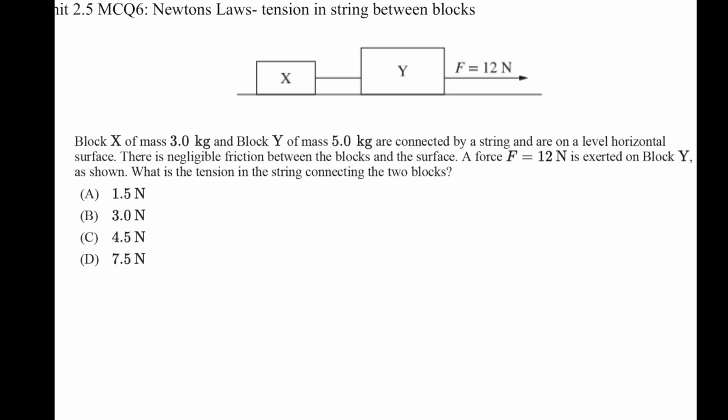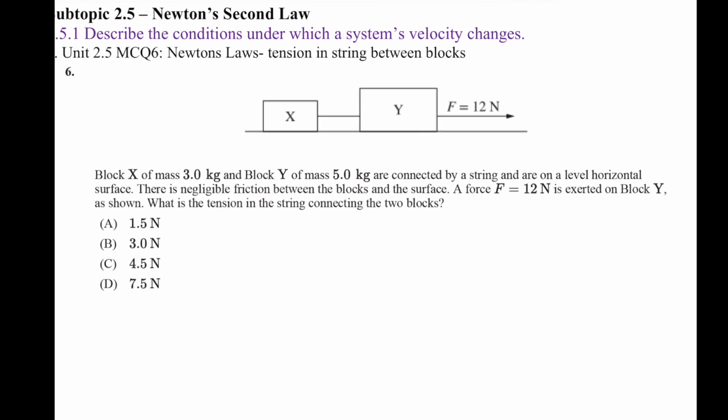So for that, we first have to draw the free body diagrams. If we look at the whole thing, we can find out the acceleration of the whole system, because we have the total mass and we have the force which is acting on it. On the system, meaning both X and Y together, the net force acting is 12 Newton, because they said that there is no friction between the blocks and the surface.